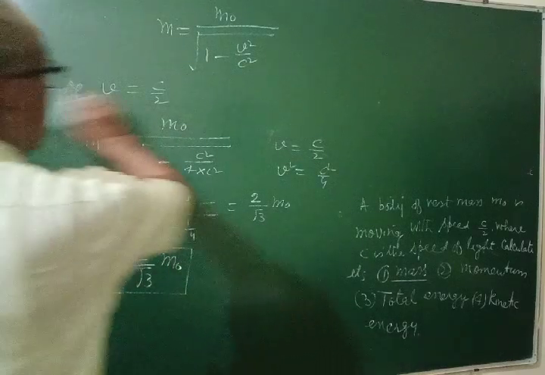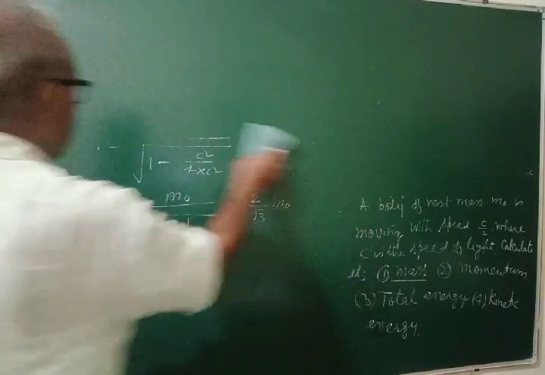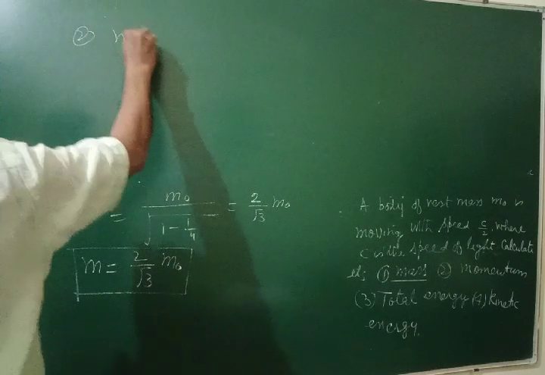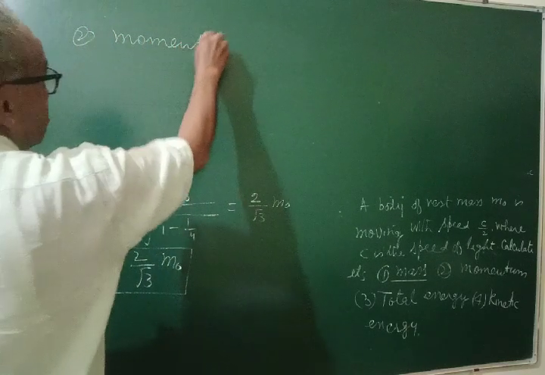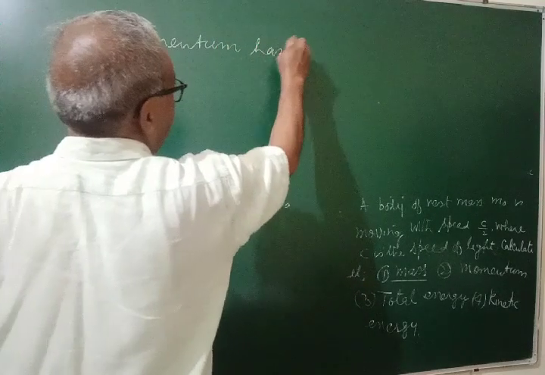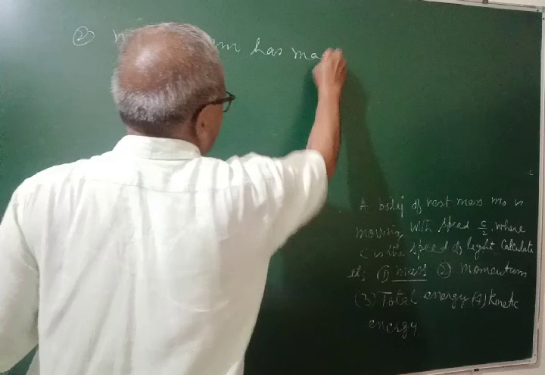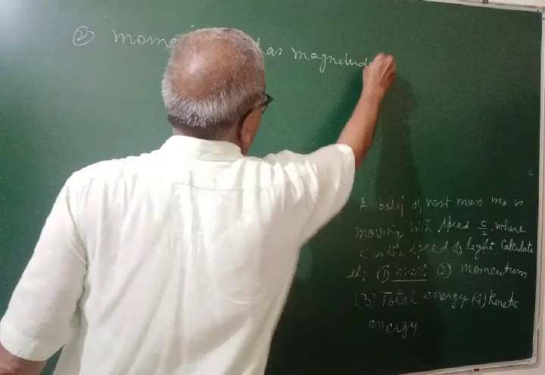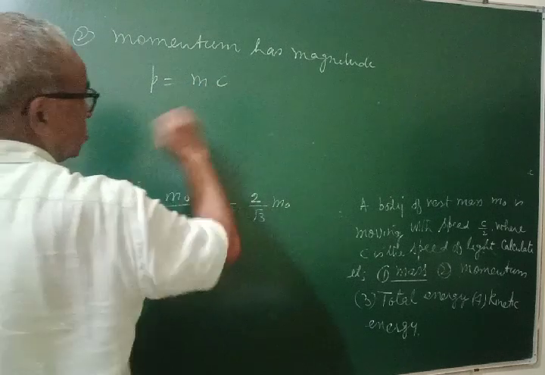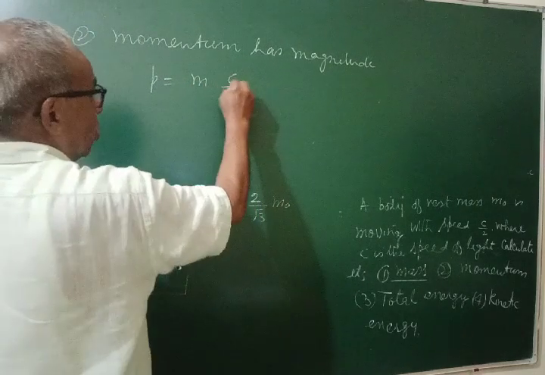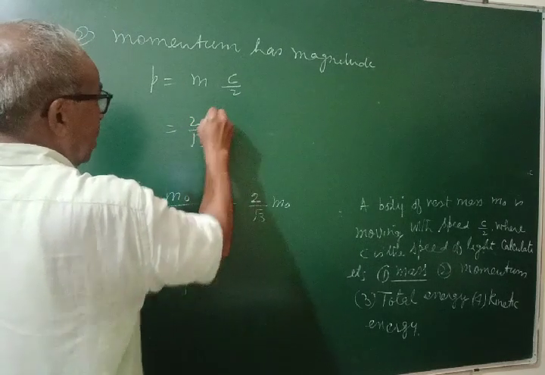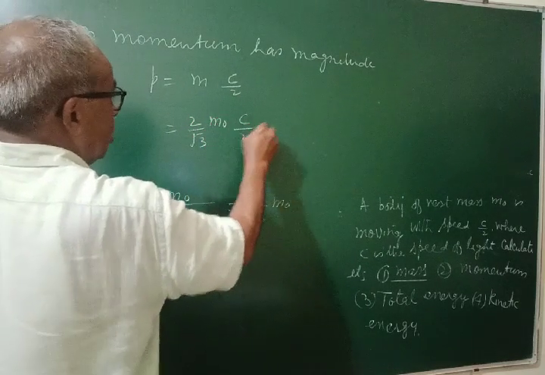Now momentum. You know momentum is the product of mass and velocity. Momentum has magnitude; here we take the magnitude, because momentum is a vector quantity. p is equal to m into c by 2, and m is 2 by root 3 m0, into c by 2.